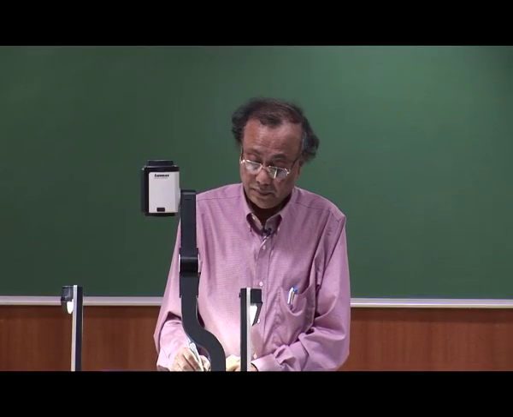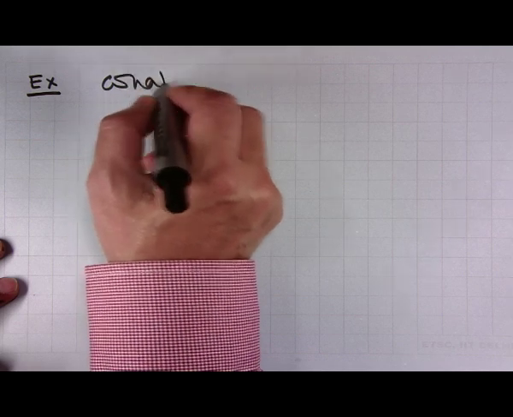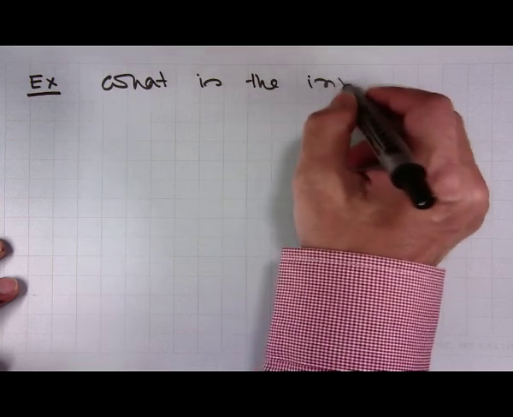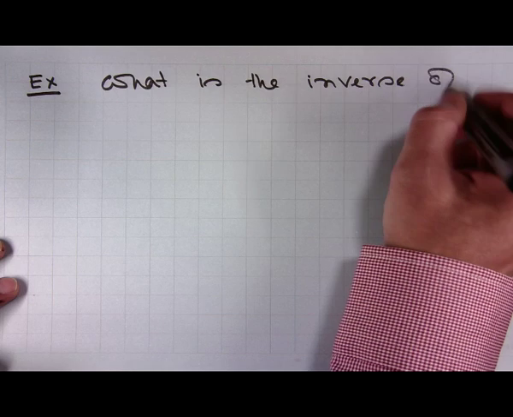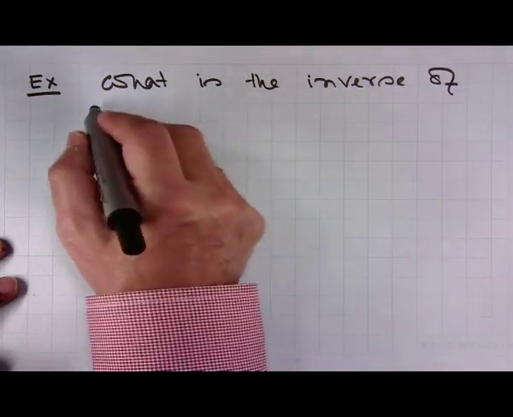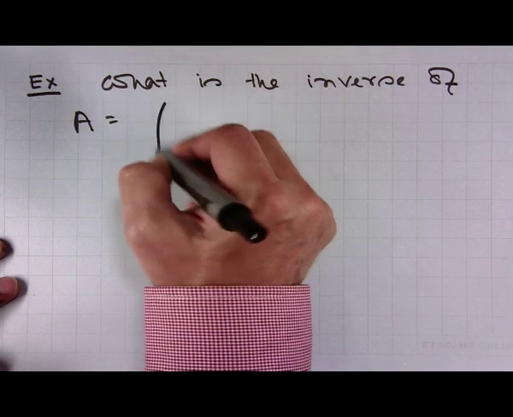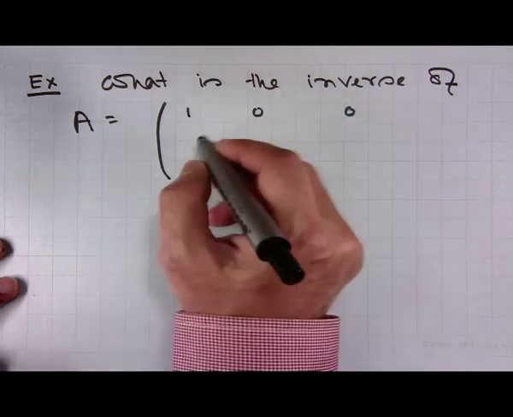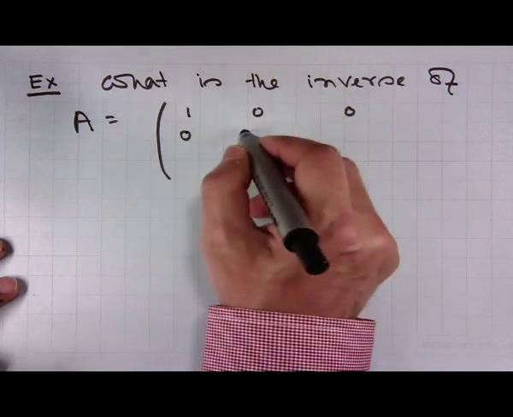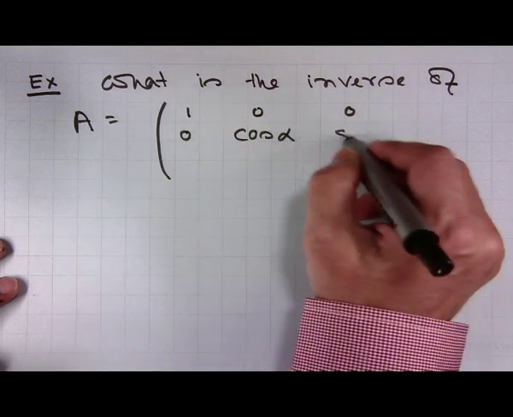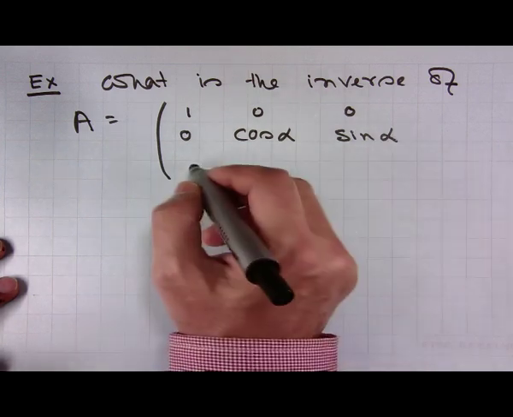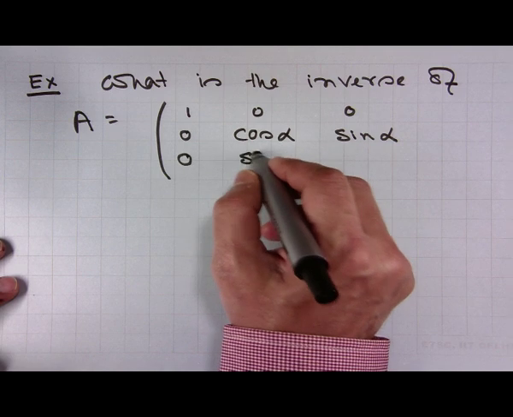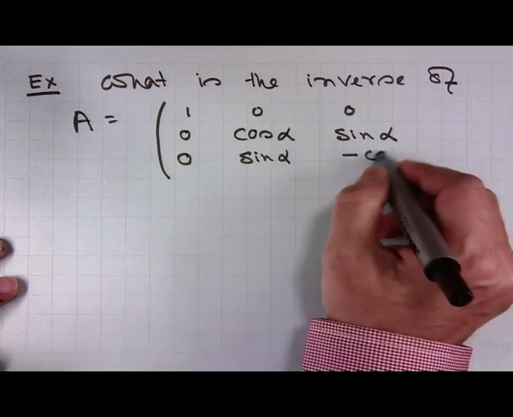Example, what is the inverse of A is equal to 1 0 0, 0 cos alpha sin alpha, and 0 sin alpha minus cos alpha.